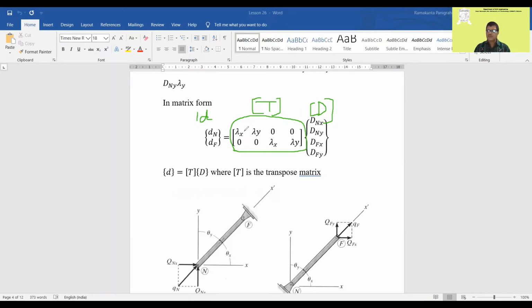Lambda x is equal to cos theta x, lambda y is equal to cos theta y. Theta x is the angle that the member makes with the global horizontal axis, and theta y is the angle which the inclined member makes with the global y axis, right? So this is how we find these things. You can see the picture given below.